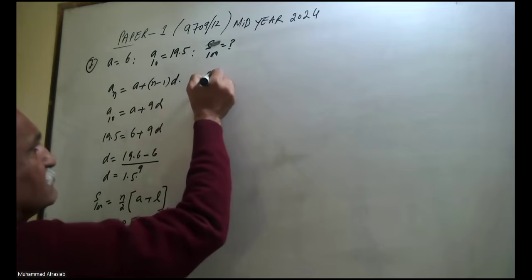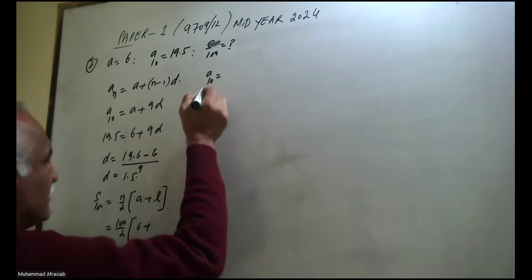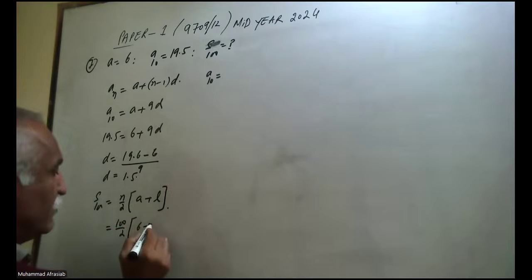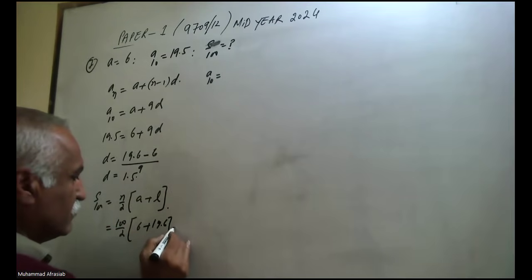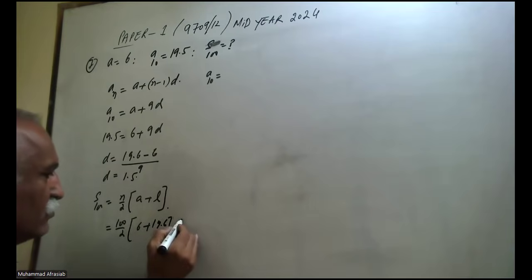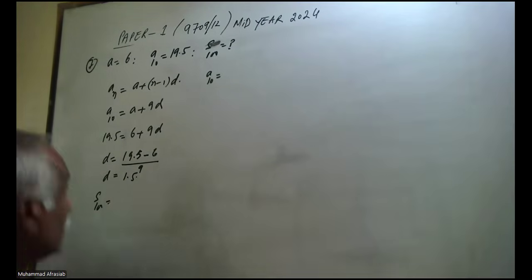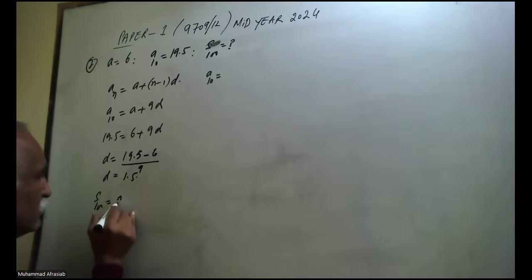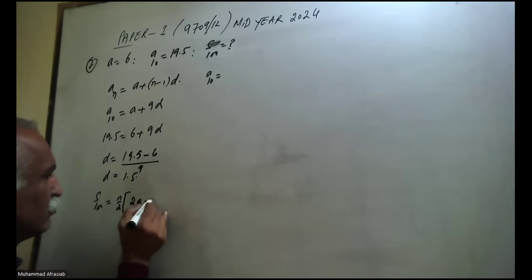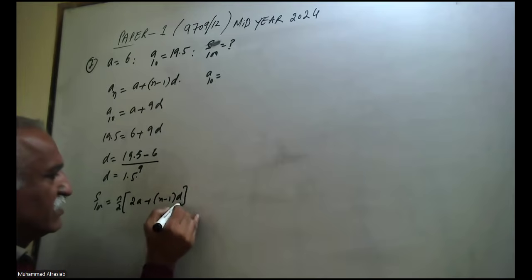So n is 100 over 2, a is 6, plus the last term. That is the 10th term, which is equal to 19.5. So that value is equal to n over 2 into 2a plus n minus 1 into d.